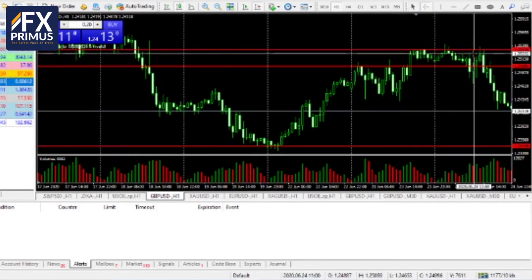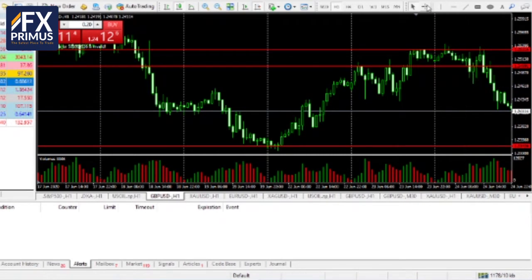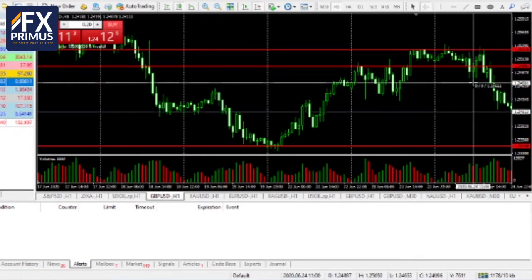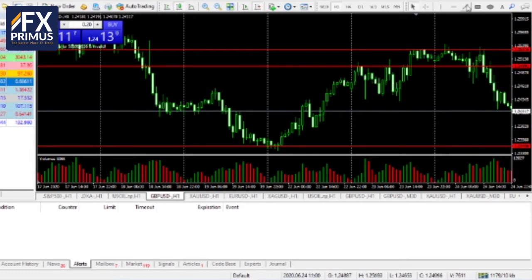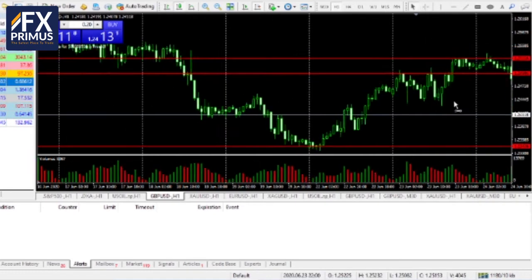From this high it went to a low of 1.2467, or it actually came down about 57 pips before pushing back up to test this resistance again at 1.2532. So it went up another 69, almost 70 pips before deciding that it cannot get past this resistance.